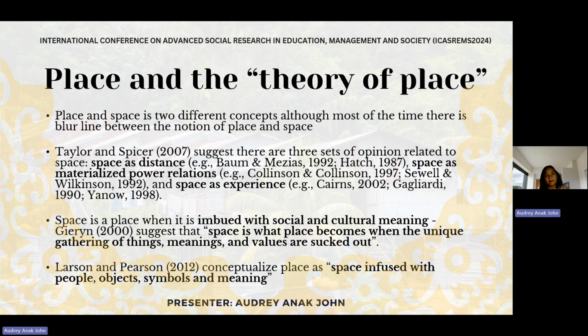We also have to know that place and space are essentially two different concepts, although most of the time there's a blurred line between the notion of place and space. In my literature review, I also highlight the three sets of occurrence related to the space itself, and some of the important works from Gary Tuan as well as Larson and Jason 2012 in regards to the space.